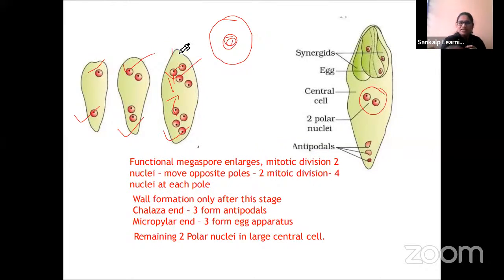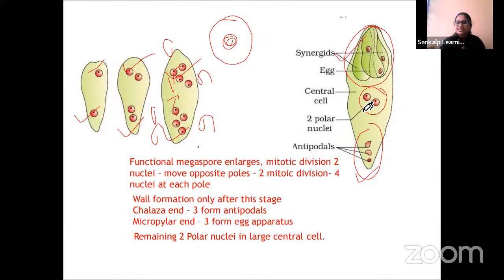Remember, all these nuclei are haploid in nature. At the micropylar end there are 3 cells: 2 synergids and one egg cell. At the other end we have 3 cells called antipodals. So 3 plus 3, 6 cells.